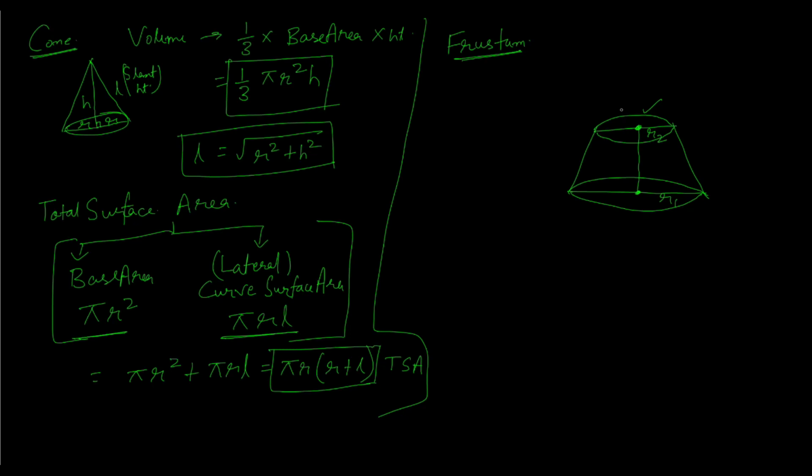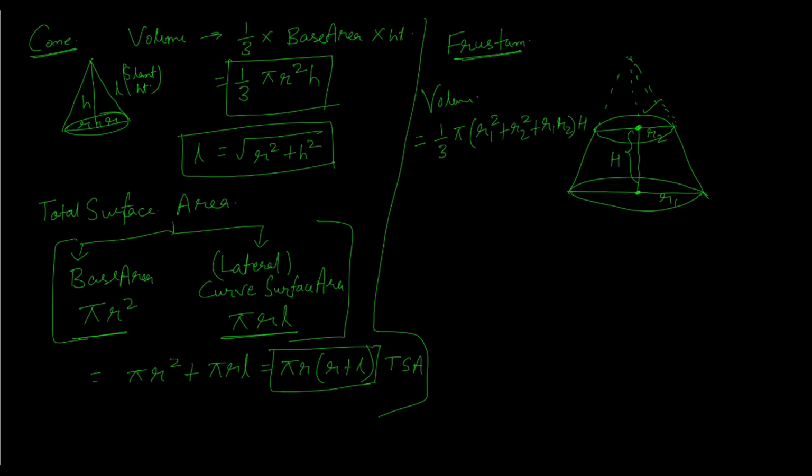Frustum is, let me draw as dotted lines, a cut part of a cone only, right? So we should not get into the details of this. We should just remember it. The volume of frustum is given as 1 by 3 pi into R1 square plus R2 square plus R1 R2, into H. Here I am using capital H because this length is the distance between those two parallel surfaces.